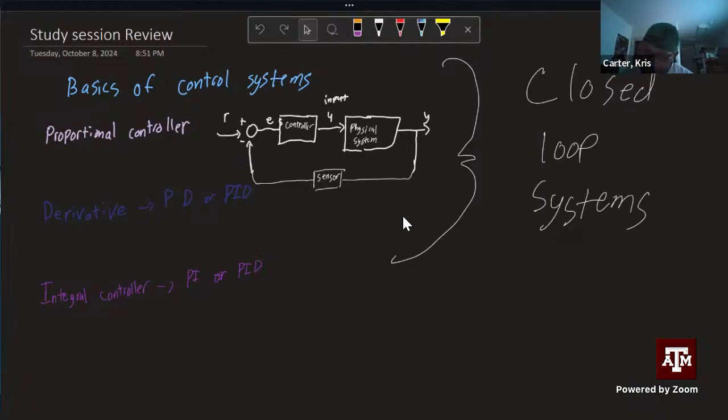You can also have an open loop system, which is just like this.